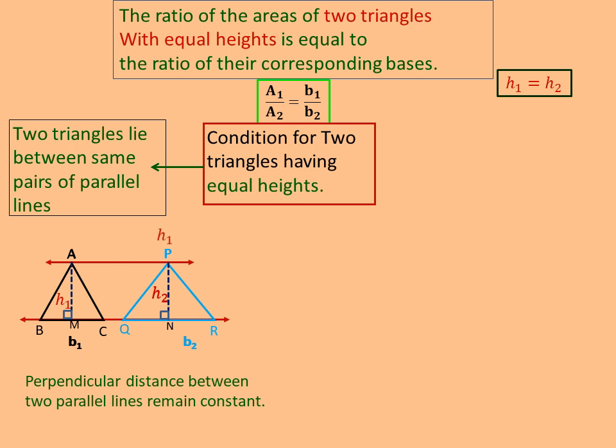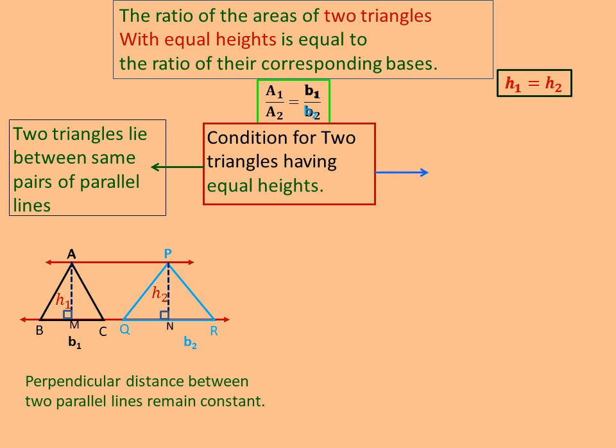It means H1 equals H2. Correct? Therefore, area of triangle 1 upon area of triangle 2 will become B1 upon B2.